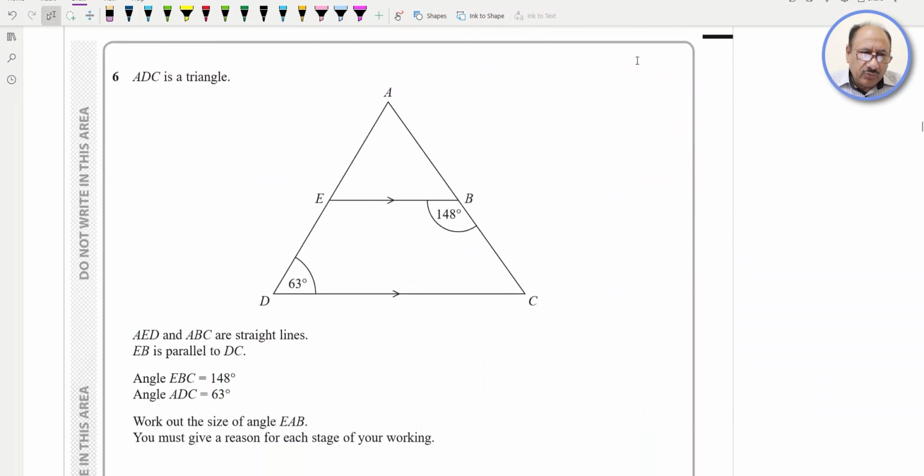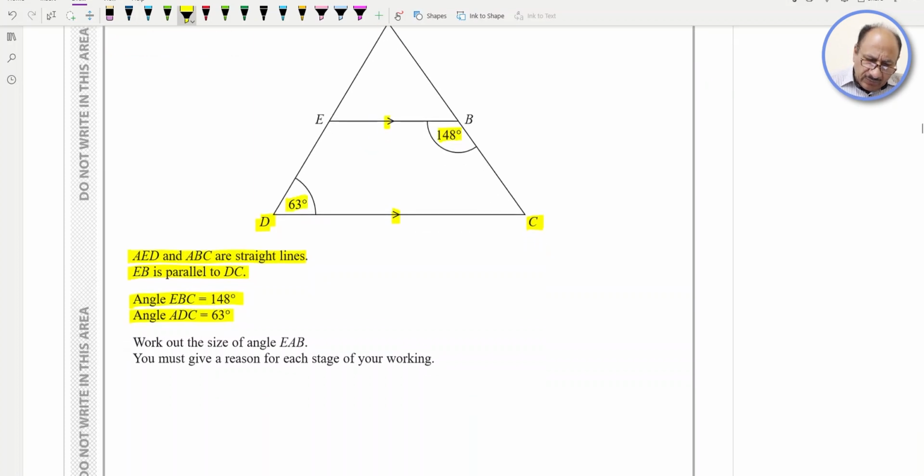Now we can move to question number 6. Question number 6 says ADC is a triangle. AED and ABC are straight lines. EB is parallel to DC, so this parallel symbol is also provided. Angle EBC is 148 degrees and this angle is 63 degrees.